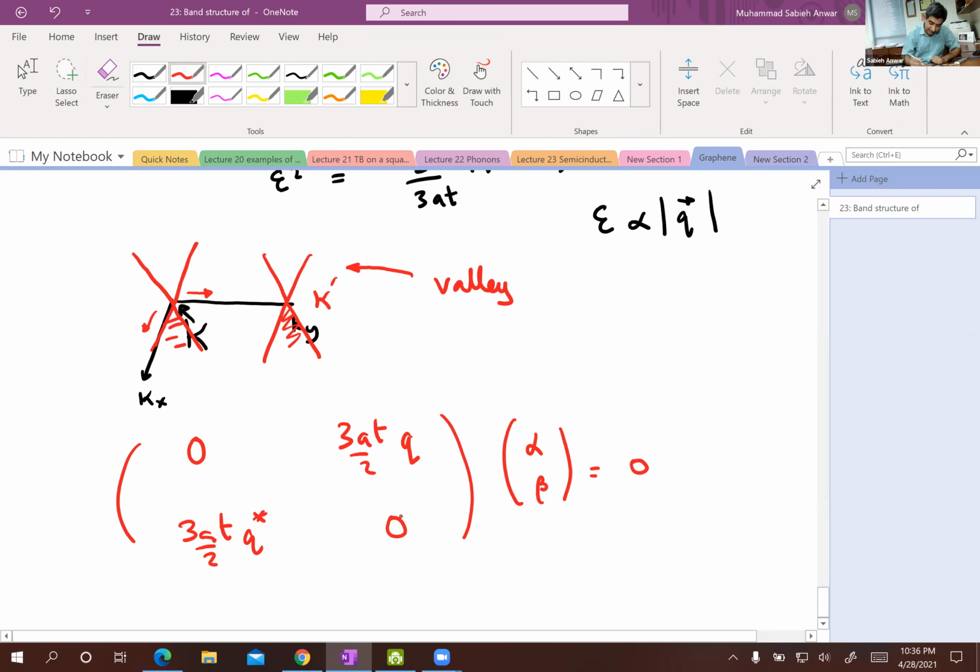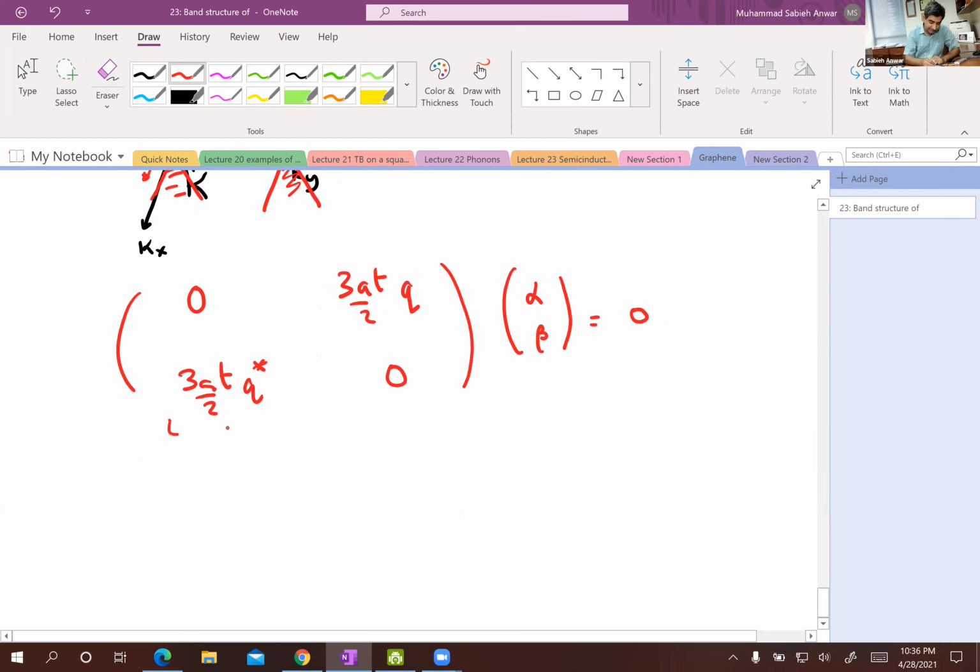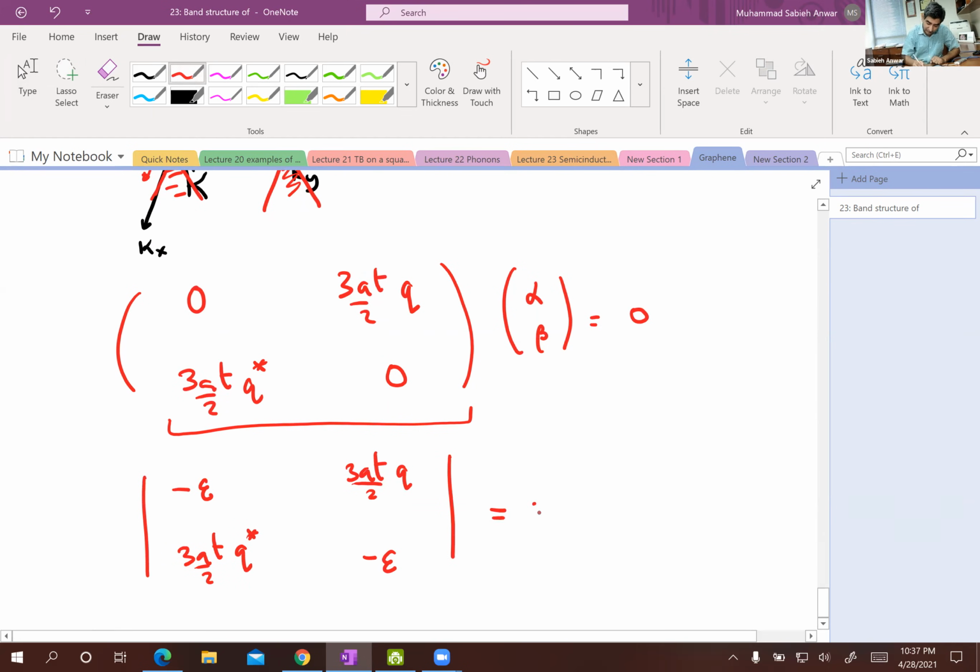Now what I need to do, I need to diagonalize this. Diagonalization means I find out the determinant, right? I put this equal to 0.